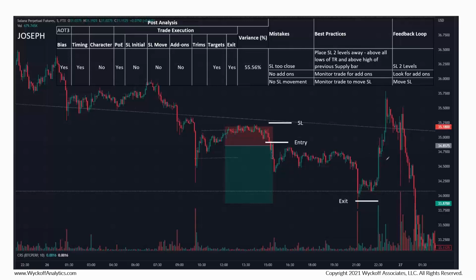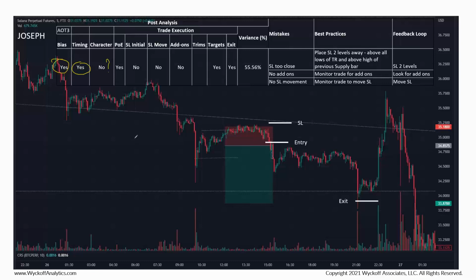All right, Franz. So how's the post analysis looking? Well, first of all, bias, he's definitely looking at a downward bias, and he's got that correct. The timing, I think, for the entry was very good. So yes on that. He's giving himself a no on the character. Yeah, I'm not sure I agree with that.